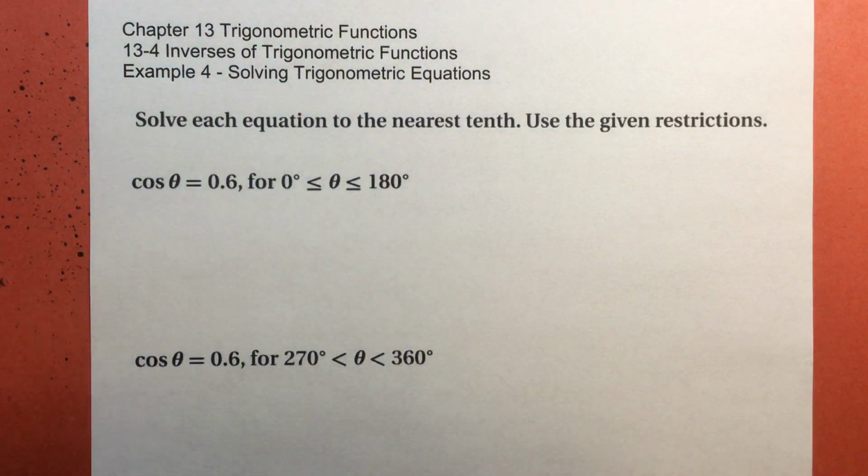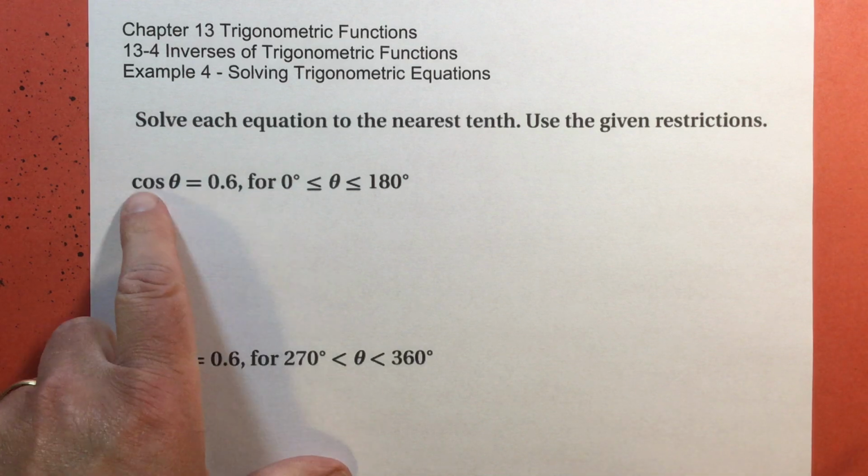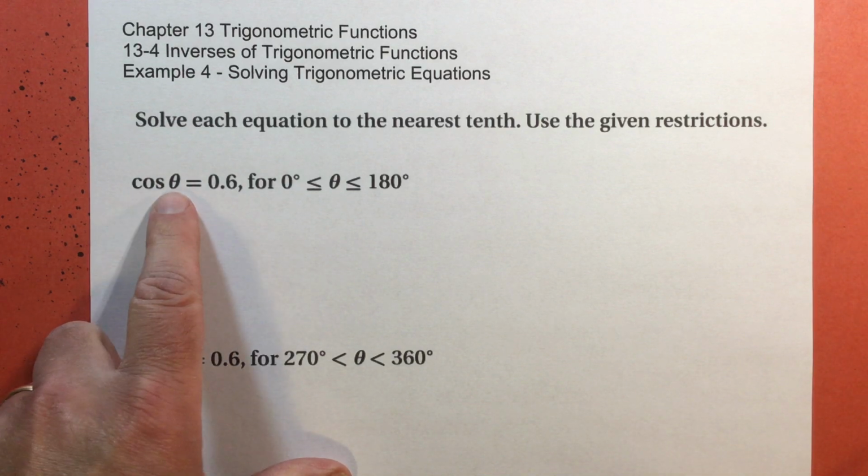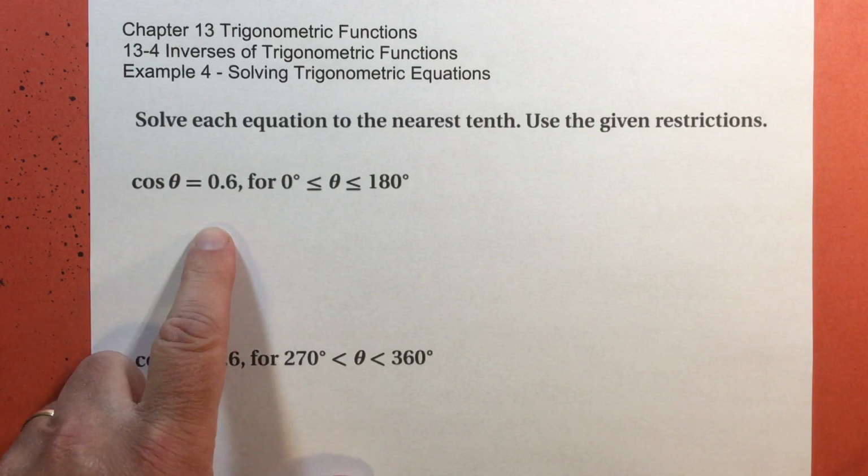However, when we do this, we're going to decide, we call it a restriction, which angle we want. So again, go back to the idea that we get an infinite number of angles. There's an infinite number of angles where I take the cosine and I get 0.6.